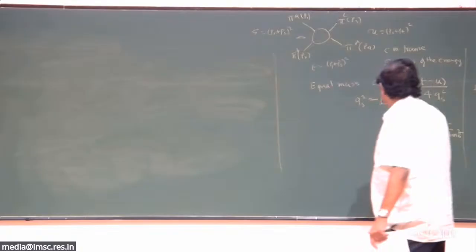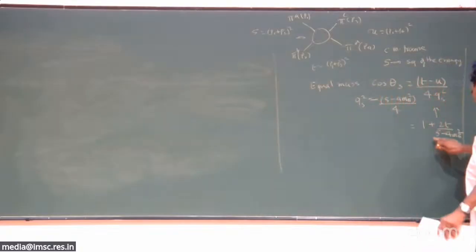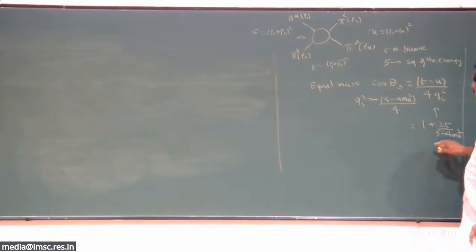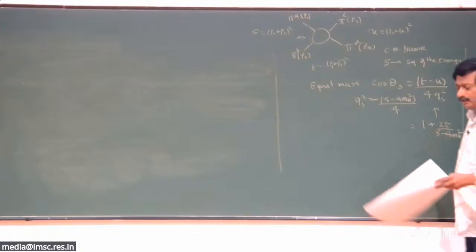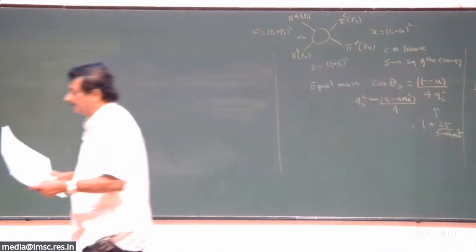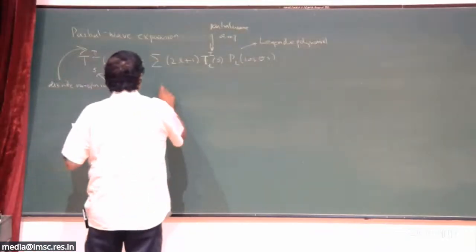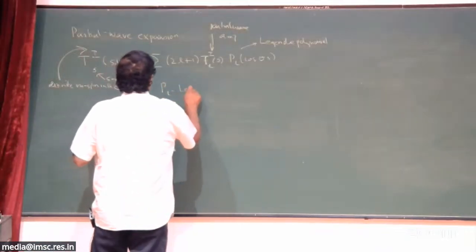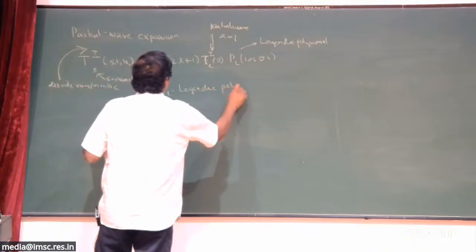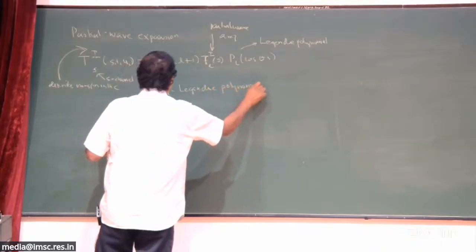All right. So in the physical world, S is always real and greater than 4m squared for a scattering problem, and t has to be less than 0. Otherwise, cosine theta will exceed 1. So what are these Legendre polynomials? P_L are these Legendre polynomials. Give me some examples.